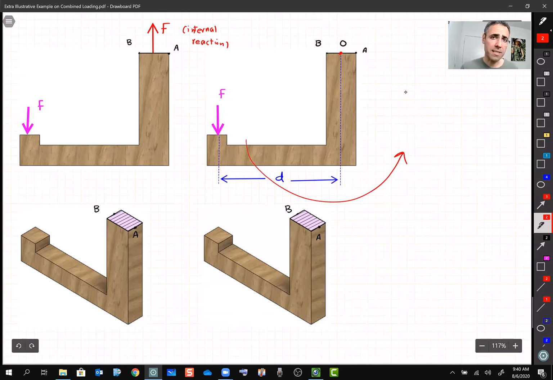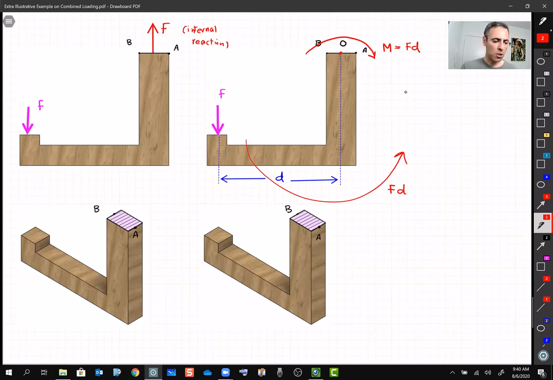But again, we are in static equilibrium, and things are not allowed to move. It means something in this cross section has to prevent this spinning, right? So we have to have a reaction M here to cancel this M. This M, we know, is F multiplied by D, but in the opposite direction to cancel.